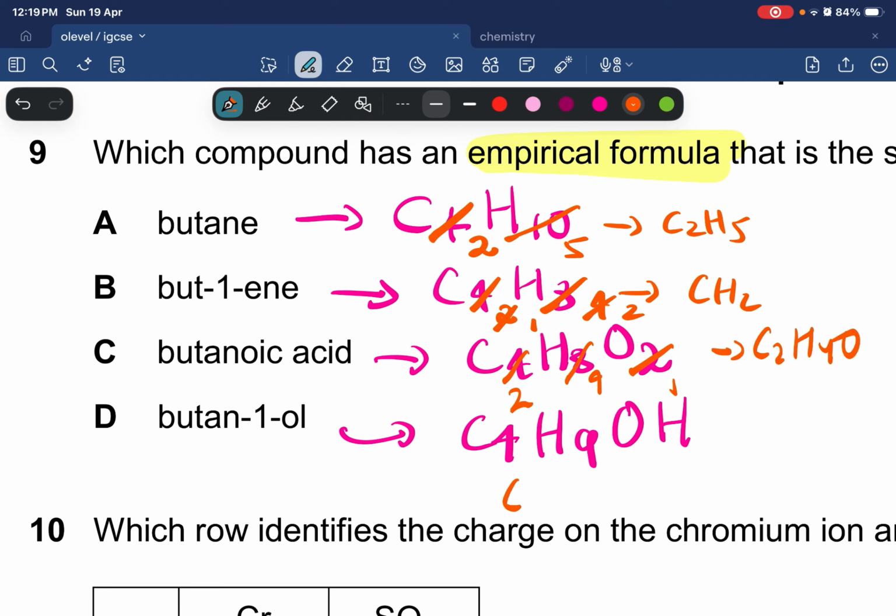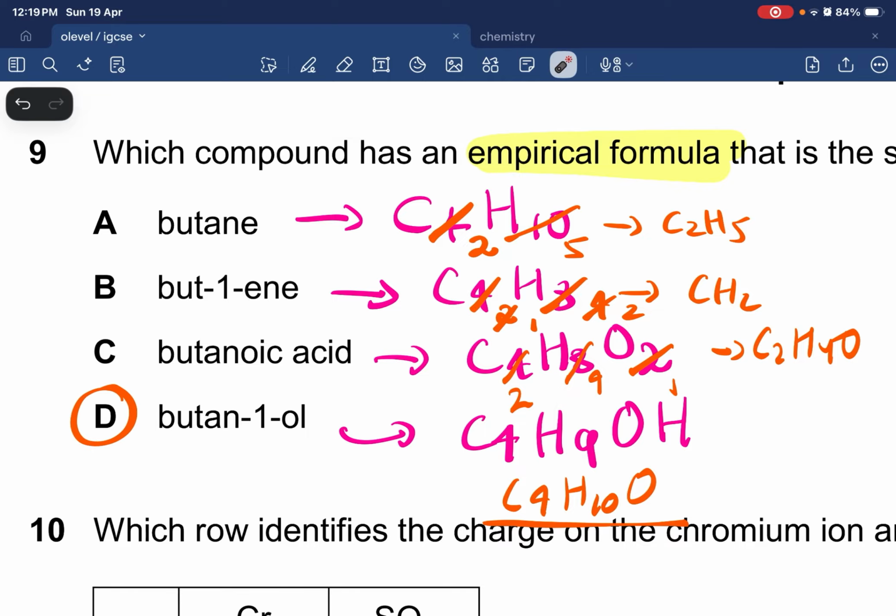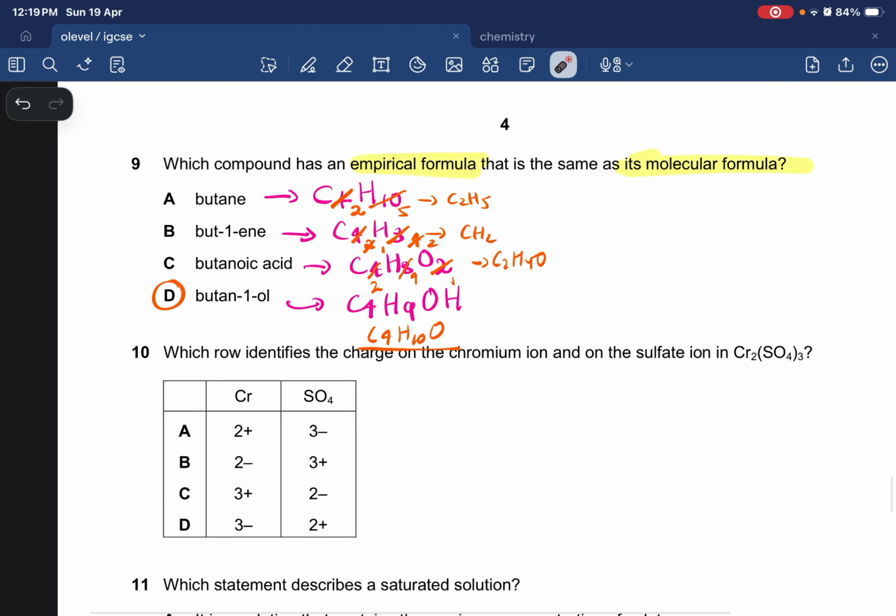And then this is C4H10O. This cannot be cut further. So this is going to be our answer, because this cannot be cut further by any single number. Like this is 1, this is 10, this is 4. We cannot cut them by any single number. That's why this is going to be the empirical formula as well as the molecular formula for butanol.